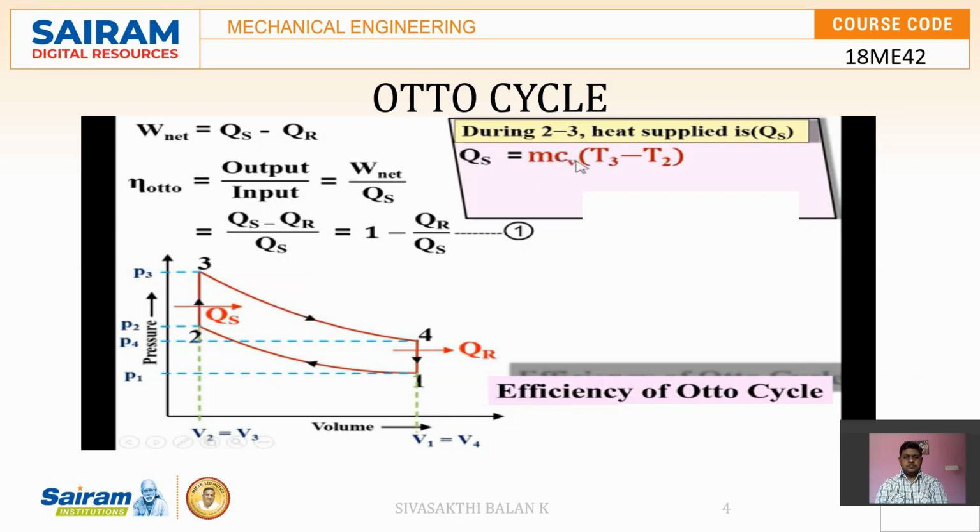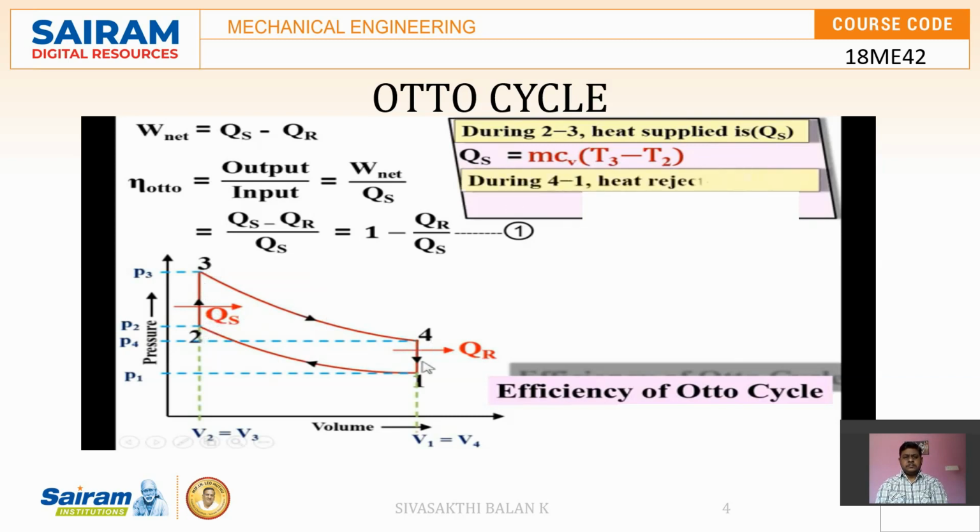That is generally taken as 0.718 kilojoule per kg Kelvin. And this is the delta T, that means the temperature difference during the process 2-3. So you can see over here, this is T3 minus T2.